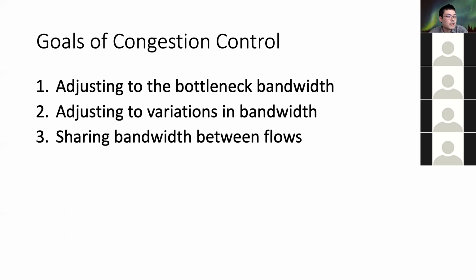Therefore, the goal of congestion control is to adjust your window to the bottleneck bandwidth, not the last hop. It should also adjust to variations in bandwidth, because maybe that link was occupied by somebody sending a very large file, and then the file finishes the transfer and that stream is torn down.